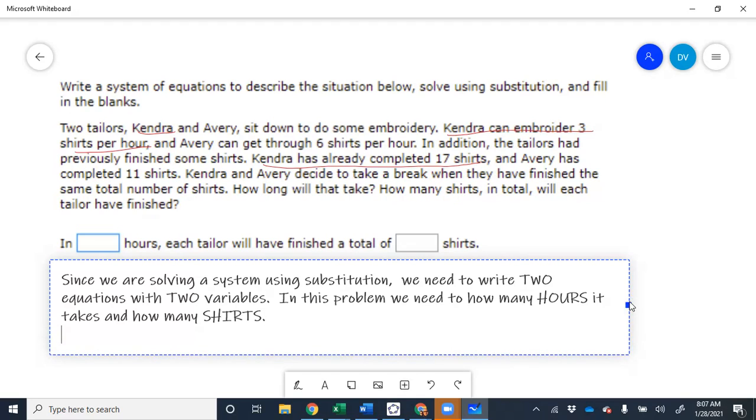Okay, so let's use H for hours, and S for shirts.